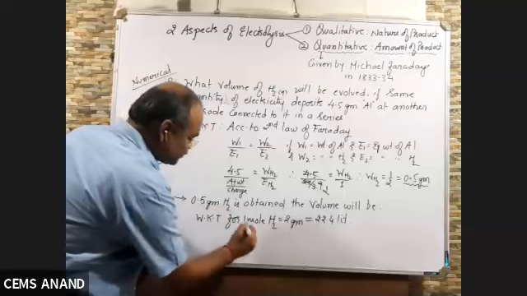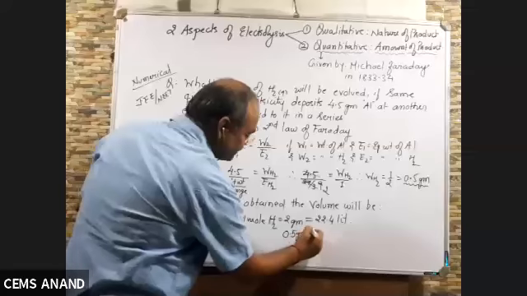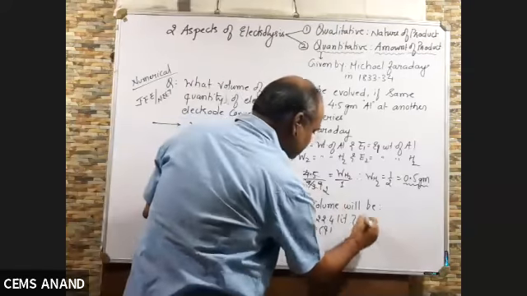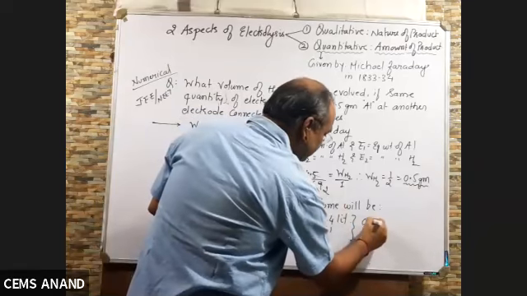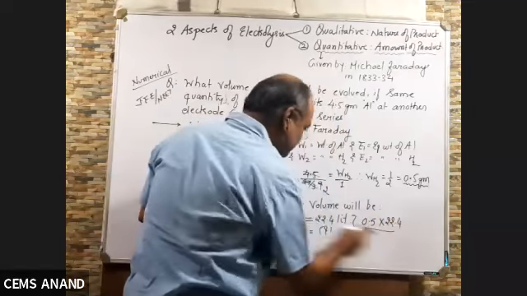You are getting how much gram of H2? 0.5 gram. 0.5 gram is equal to how much? You can take a cross multiplication. 0.5 into 22.4 divided by 2.